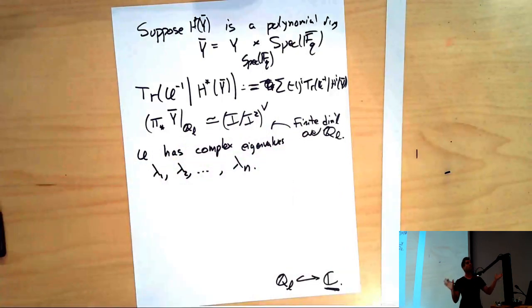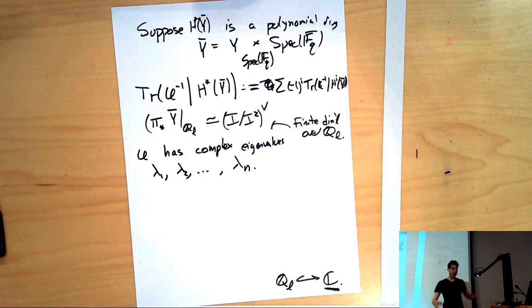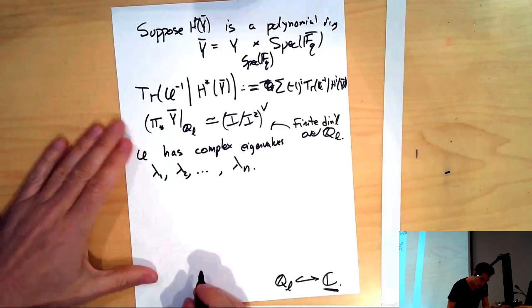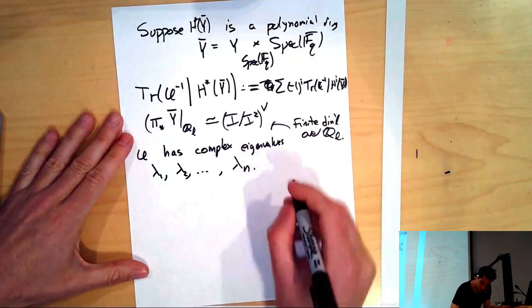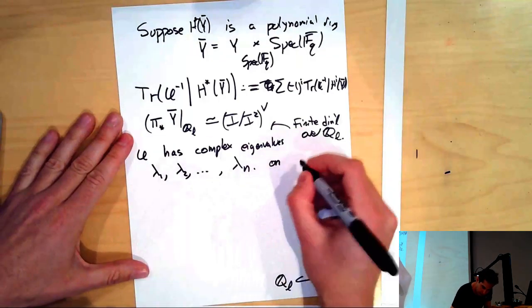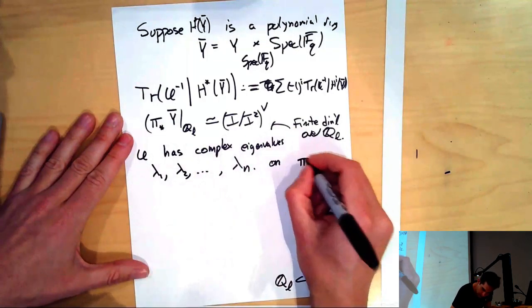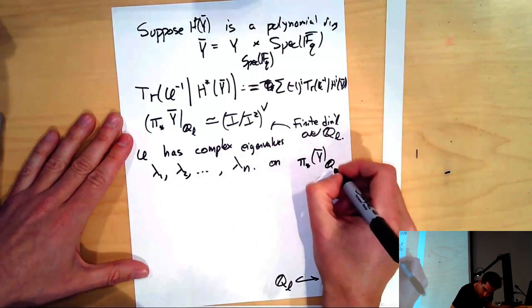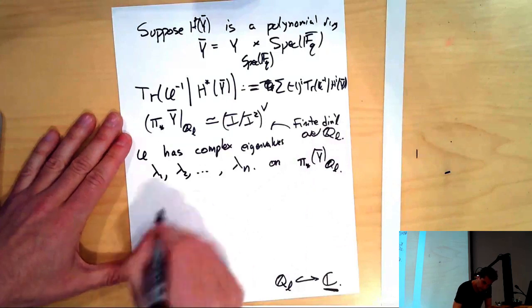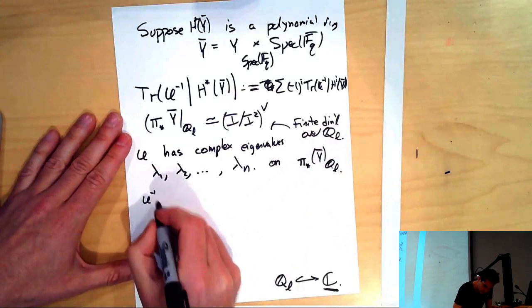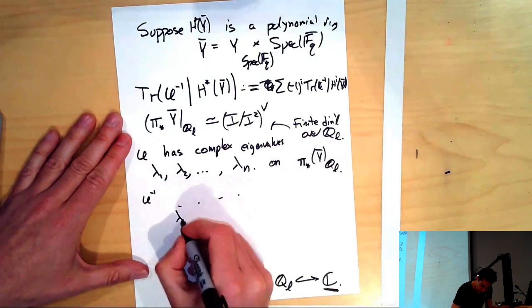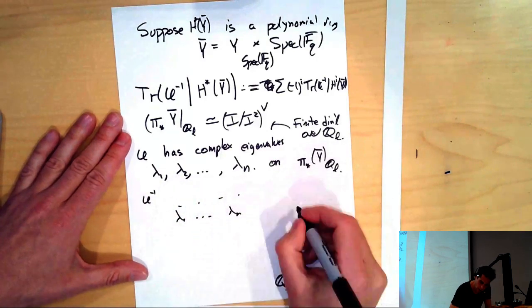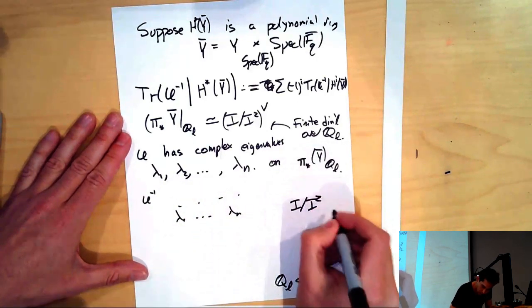These are counted with their multiplicity as generalized eigenvalues for that linear operator. So these are the eigenvalues of Frobenius on pi star of y bar, QL. And therefore, the Frobenius inverse has the same complex eigenvalues on the dual of pi star y bar, which is I mod I squared.